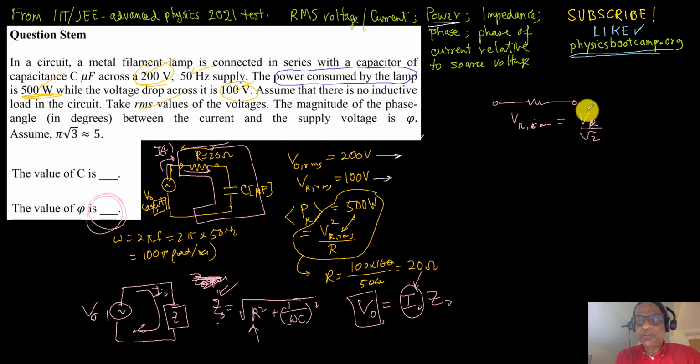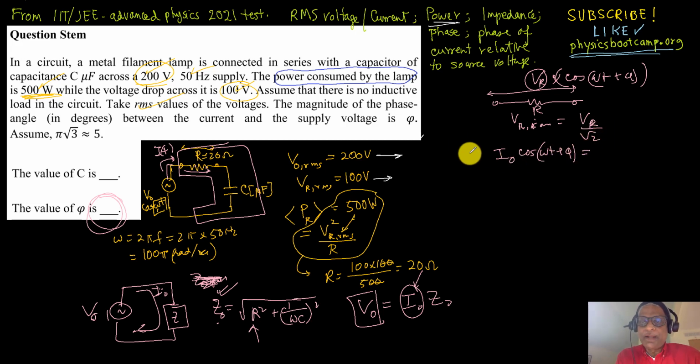So this voltage is VR cosine of omega t plus phi, just looking at the amplitude part, and this is R. Then the current here will be I0 cosine of omega t plus phi, times R is VR cosine of omega t plus phi.